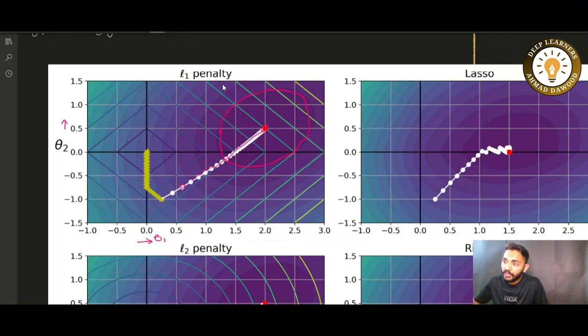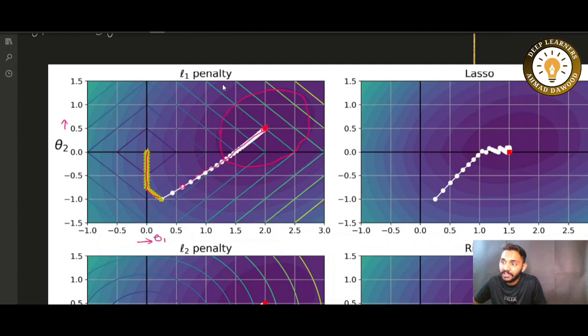When we have to minimize our penalty, it has to go in that direction in case of L1 penalty. It will try to make zero the coefficient which has a lesser value compared to other coefficients.